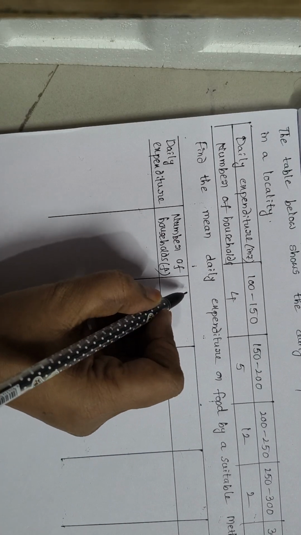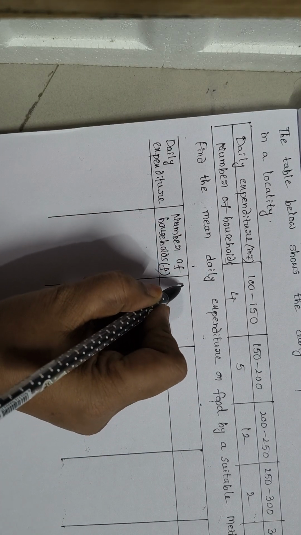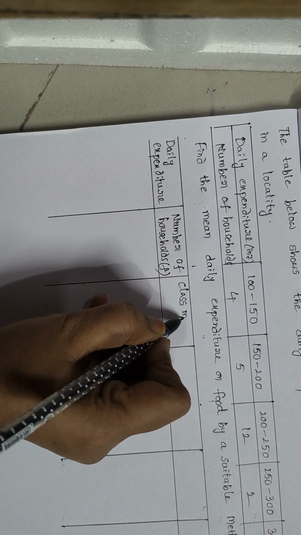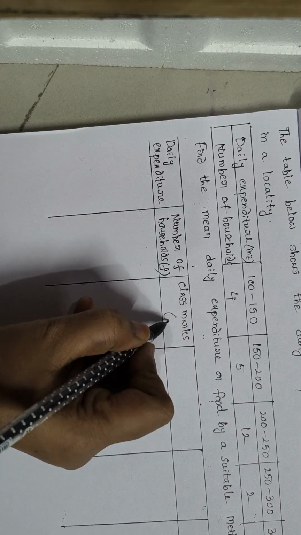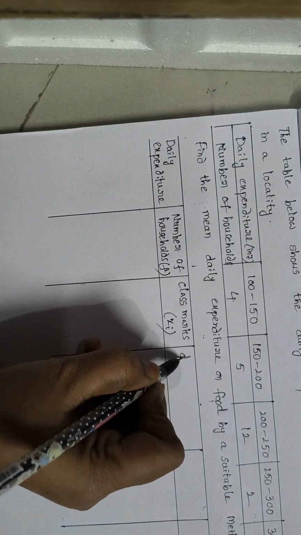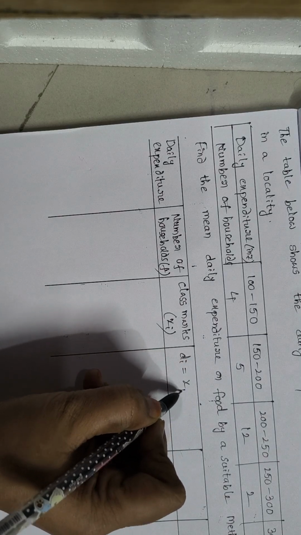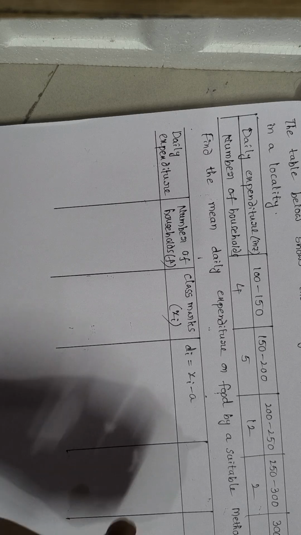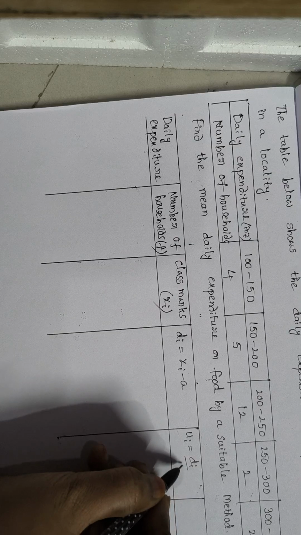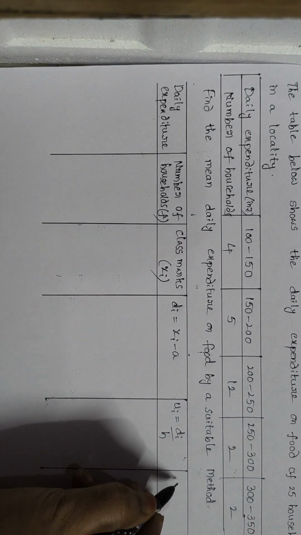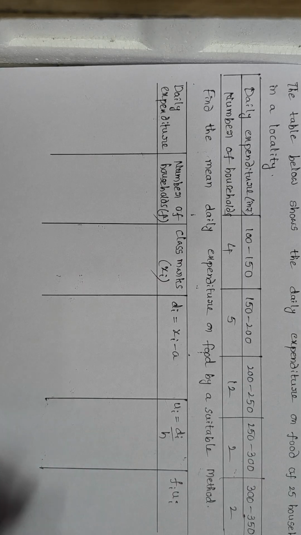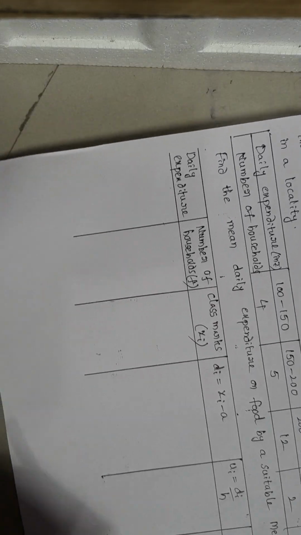And now to find the mean, we have to find the class marks, mid values, class marks xi, and take deviations di, xi minus a, and ui, that is di by h, and finally the last column is fi into ui. We have to find out fi into ui.